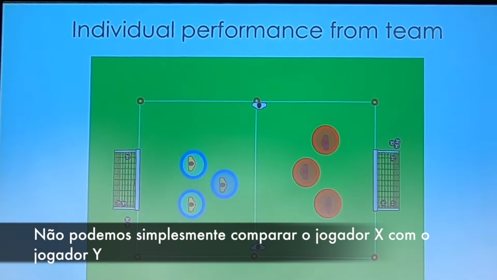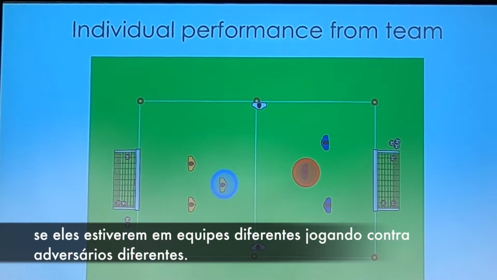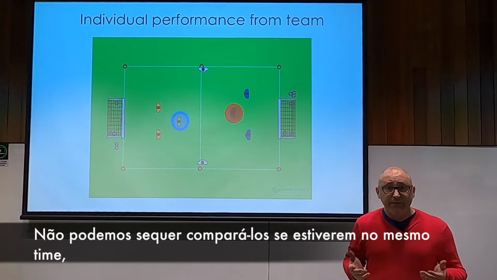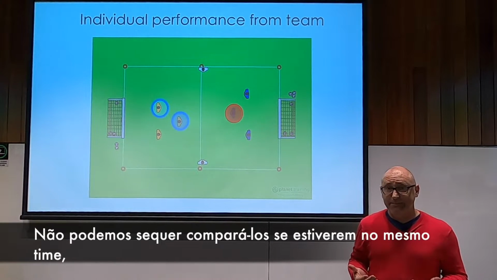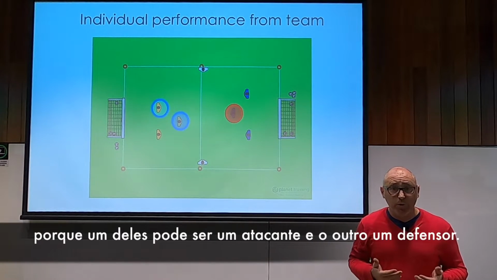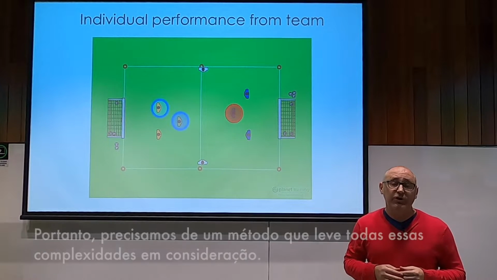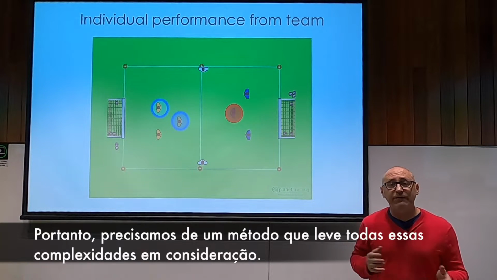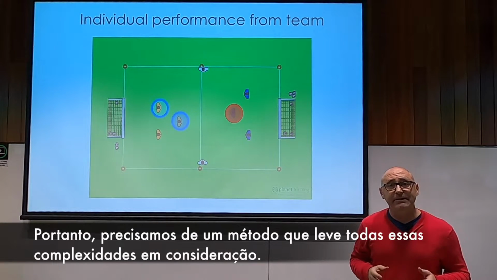We can't just compare player X to player Y if they're in different teams playing against different opponents. We can't even compare them if they're in the same team, because one of them might be a forward and the other a defender. So we need a method that takes all of these complexities into consideration.